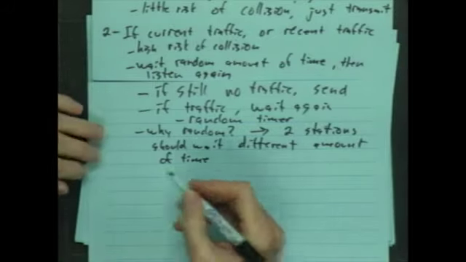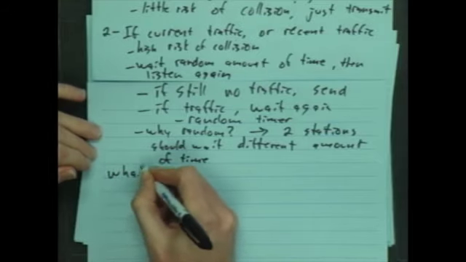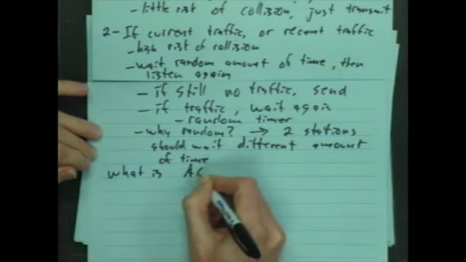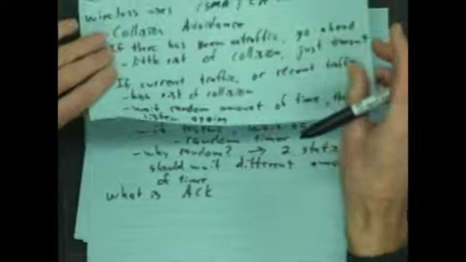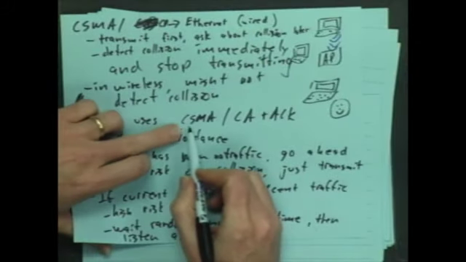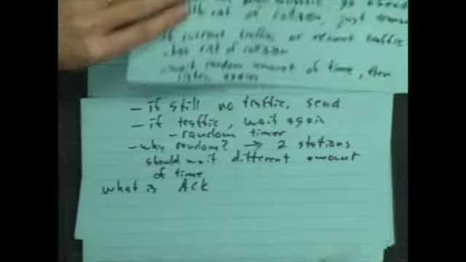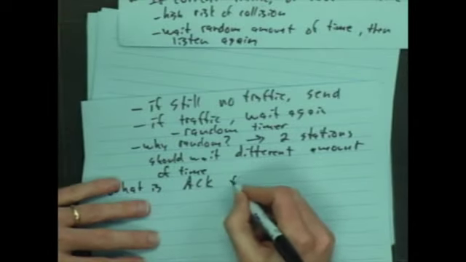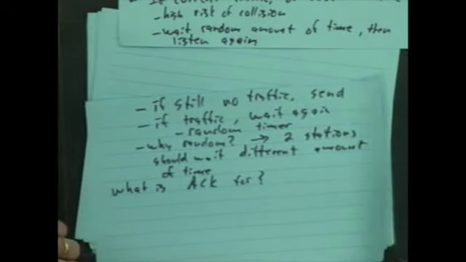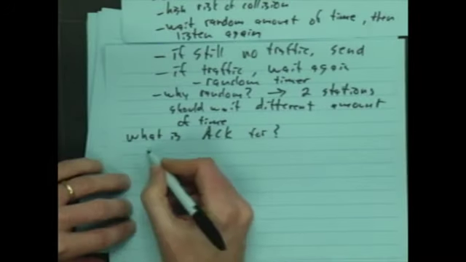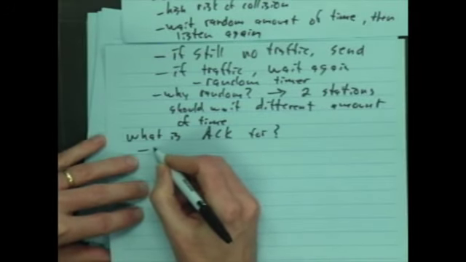All right, so what is the ACK? So remember, this is the same carrier sense multiple access, collision avoidance plus an ACK. So why do we have this ACK? Remember, wireless sucks, right?